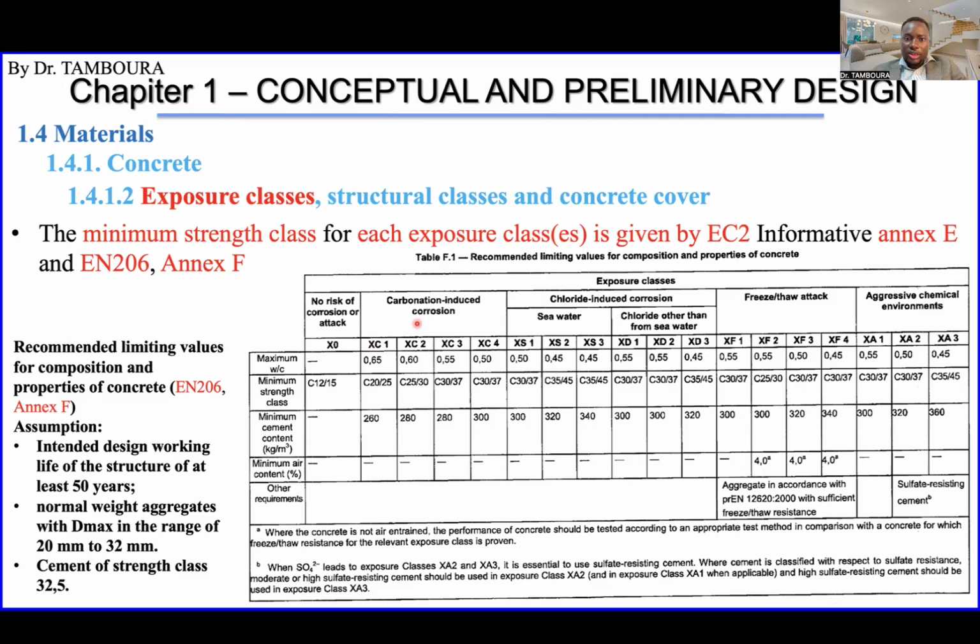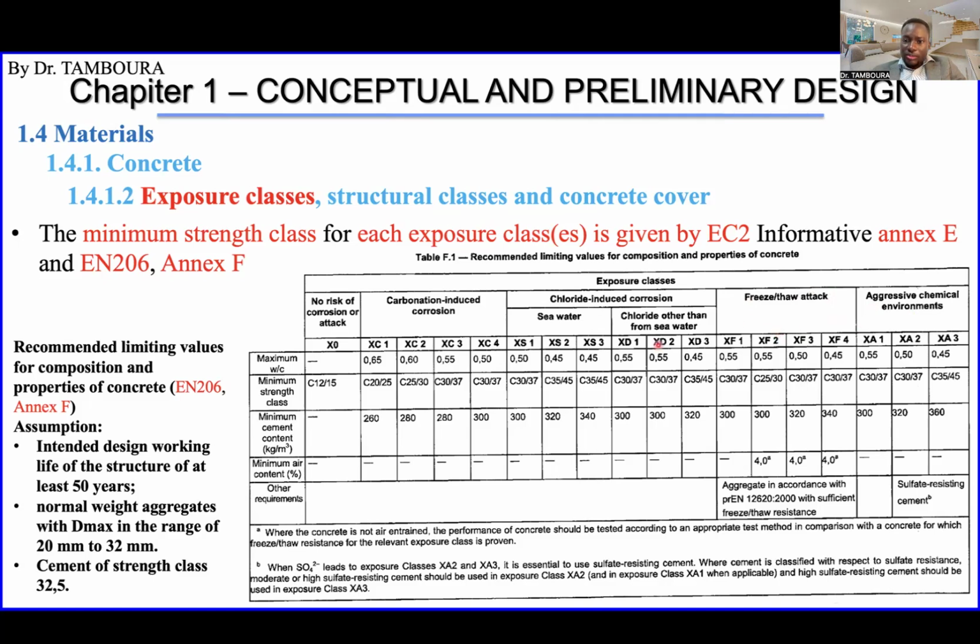C is standing for carbonation, corrosion due to carbonation. And S here is standing for seawater, sea. So these are for the steel reinforcement, and these are for the concrete itself.